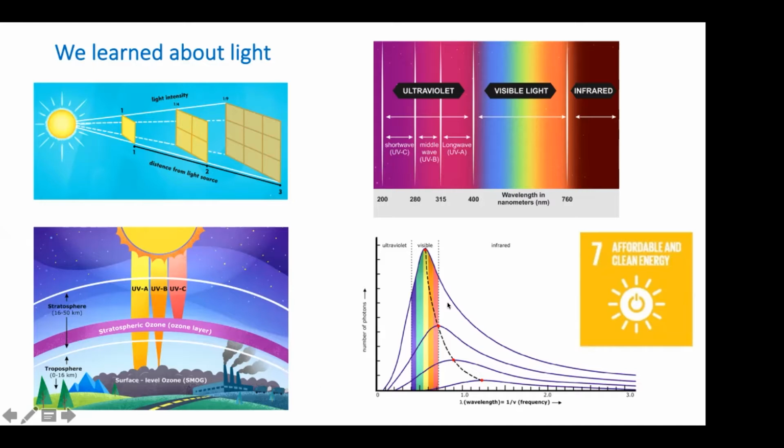Here we have a very nice graphic that matches that in terms of the number of photons we receive, but also the energy profile of that light, and how light, energy and heat get absorbed by our atmosphere, how we are protected by our ozone layer. We also learned quite a lot about how we're protected by our magnetic field.